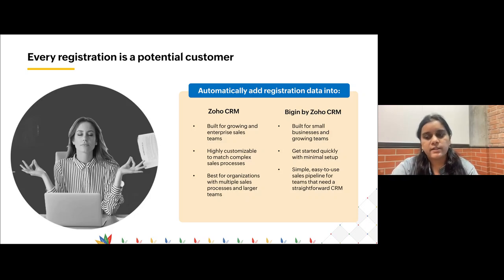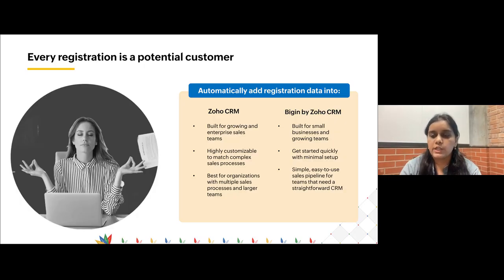So every attendee becomes a lead, and your sales team can immediately see their session preferences, ticket tier, and engagement history all in one place. And if you're a smaller or growing team, Bigin by Zoho CRM gives you everything you need to get started quickly, with a simple, intuitive pipeline and minimal setup required.